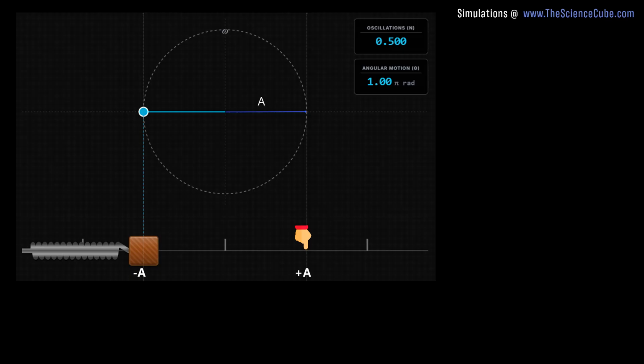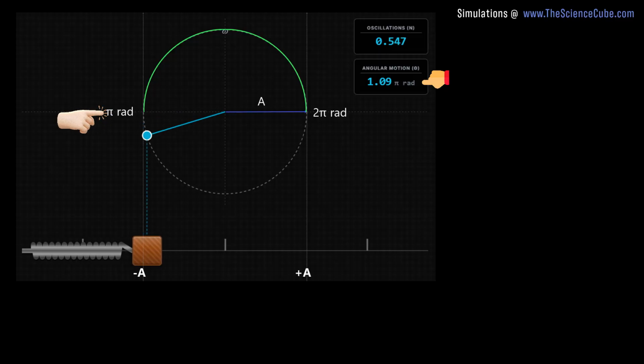Now let us watch what happens. When the mass moves from plus A to minus A, it completes half a cycle of SHM. At the same time, we see the dot moves through half a circle, which corresponds to pi radians. That is, if the entire circumference is 2 pi radians, half a circle is pi radians.